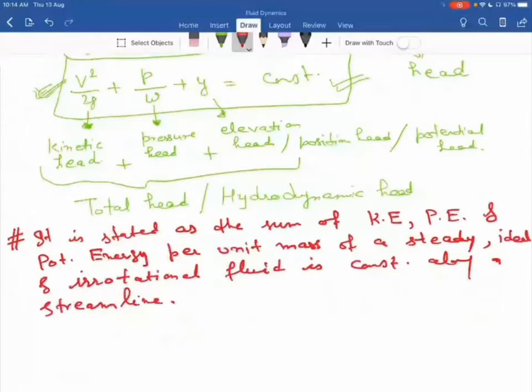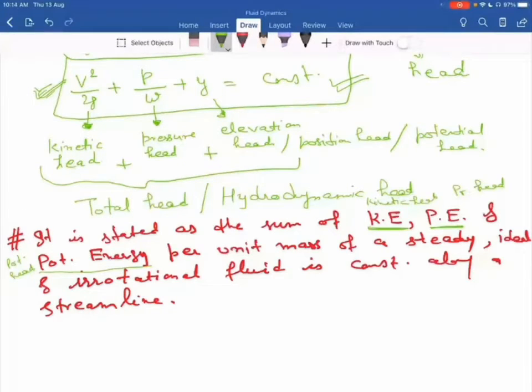You can also state it in another form. It is stated as the sum of kinetic head, pressure head, and potential head. Then per unit mass will not come; that means it is energy per unit weight.